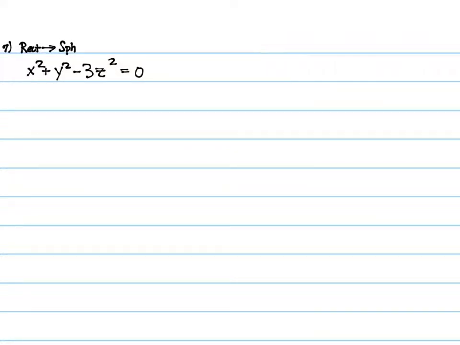Rho squared looks similar to what I have at the beginning of this. I mean, the x squared plus the y squared look good, but I don't have plus z squared. But man, if I did, it'd be kind of nice, wouldn't it? So we're actually going to just put in the z squared. So I have x squared plus y squared plus z squared. You can't just, of course, add that in there without compensating, so we will add the z squared to the other side.